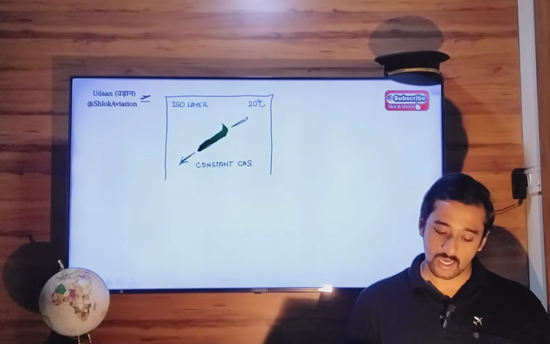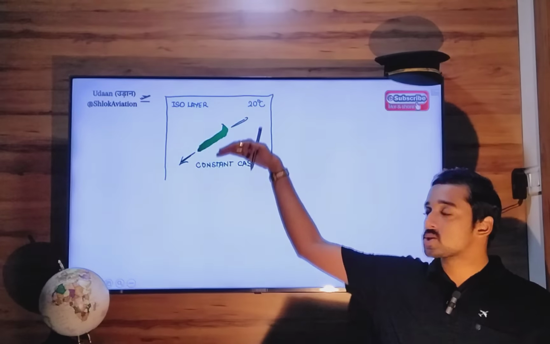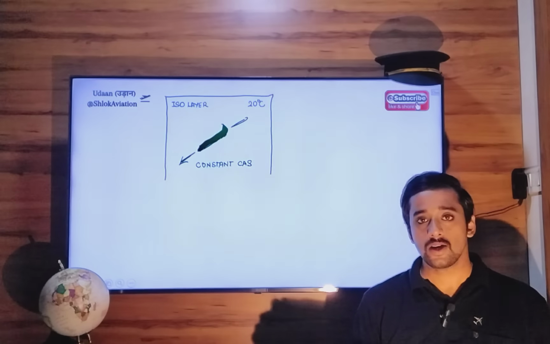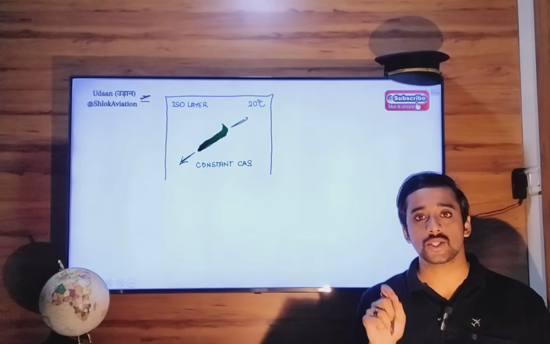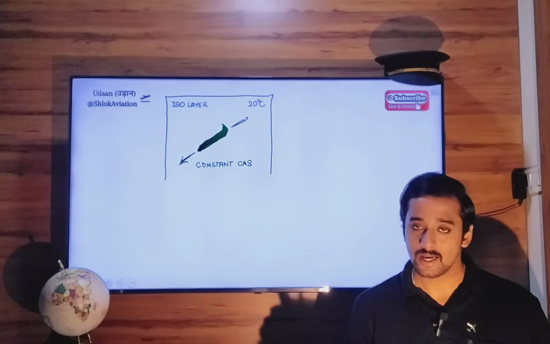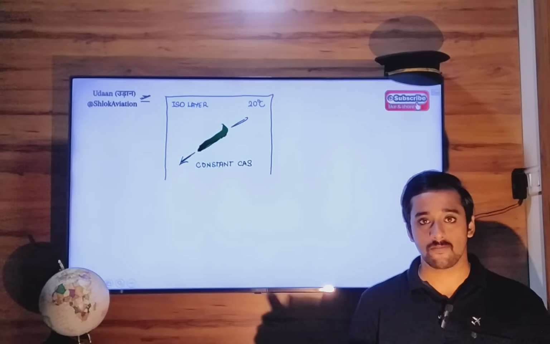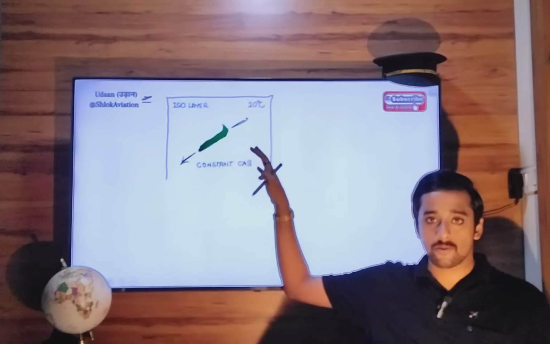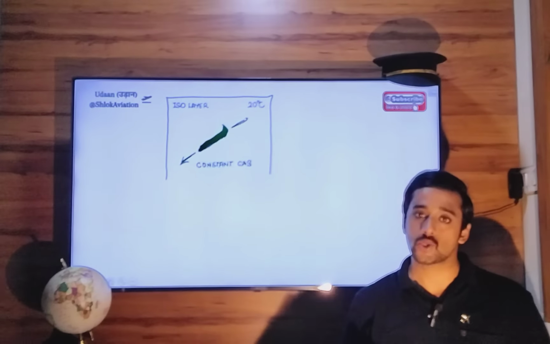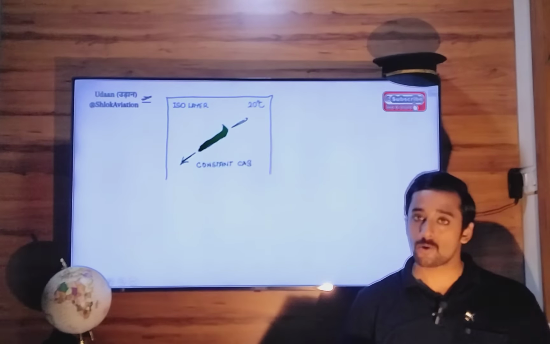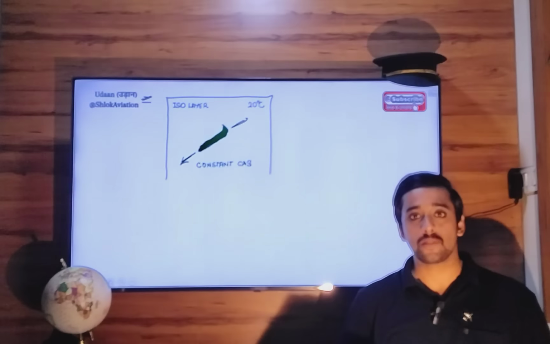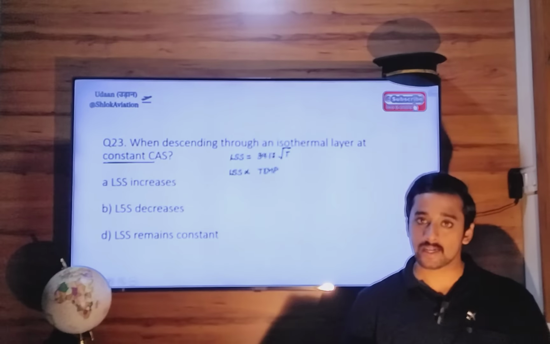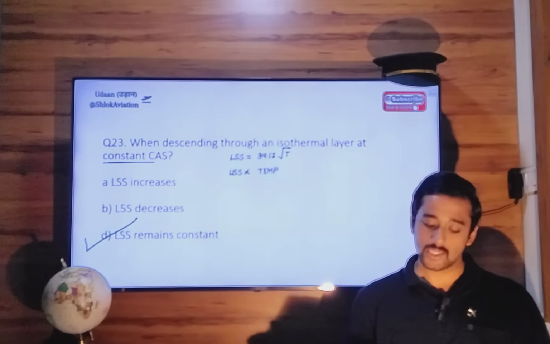Now in this isothermal layer, the temperature is going to remain the same, 20 degrees Celsius, whatever, 30, 40, whatever. So as long as you are flying in this isothermal layer, the local speed of sound will remain the same, whether you are flying at 4,000 feet, 5,000 feet, or whatever altitude. As long as you are immersed in this isothermal air mass, the local speed of sound will remain the same because the temperature remains the same. The temperature here is the governing factor. So local speed of sound remains constant.